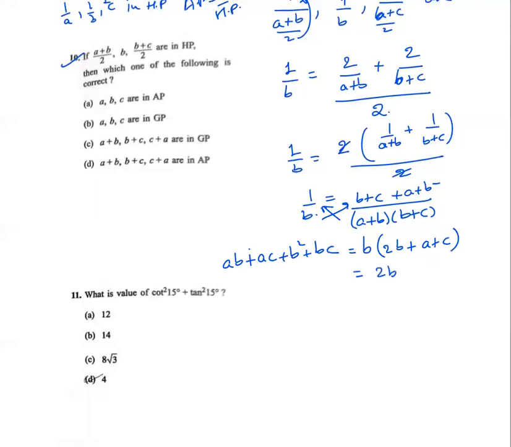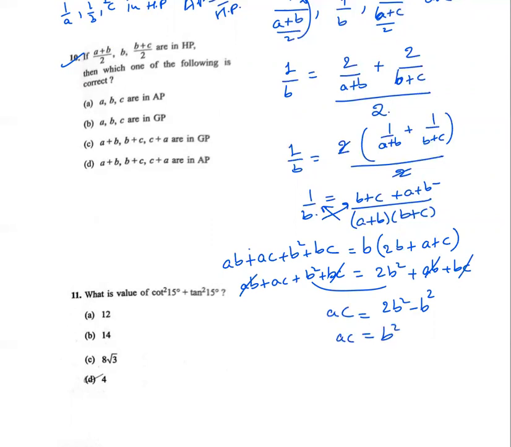So this will become 2B square plus AB plus BC equals AB plus AC plus B square plus BC. I can cancel BC, BC, AB, and AB. Therefore, take this B square here, and we get 2B square minus B square equals AC. So we finally got B square equals AC.